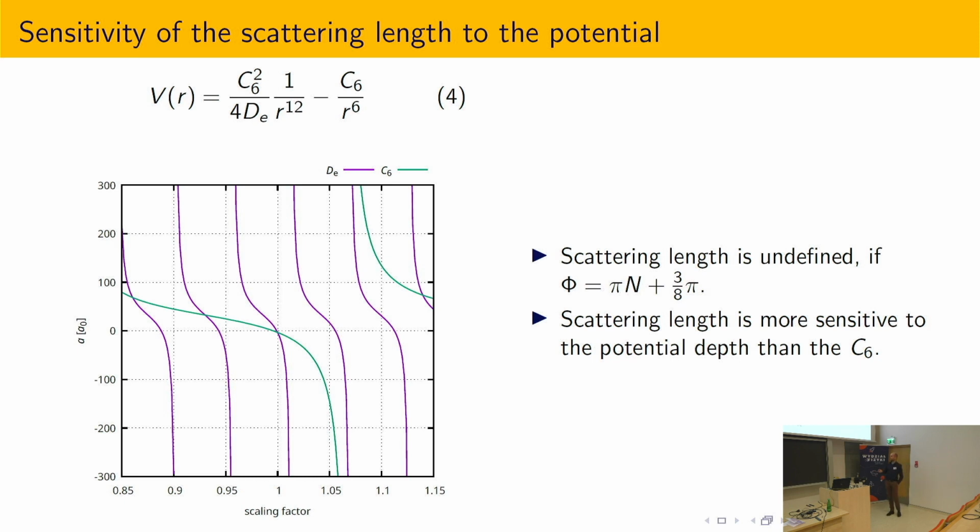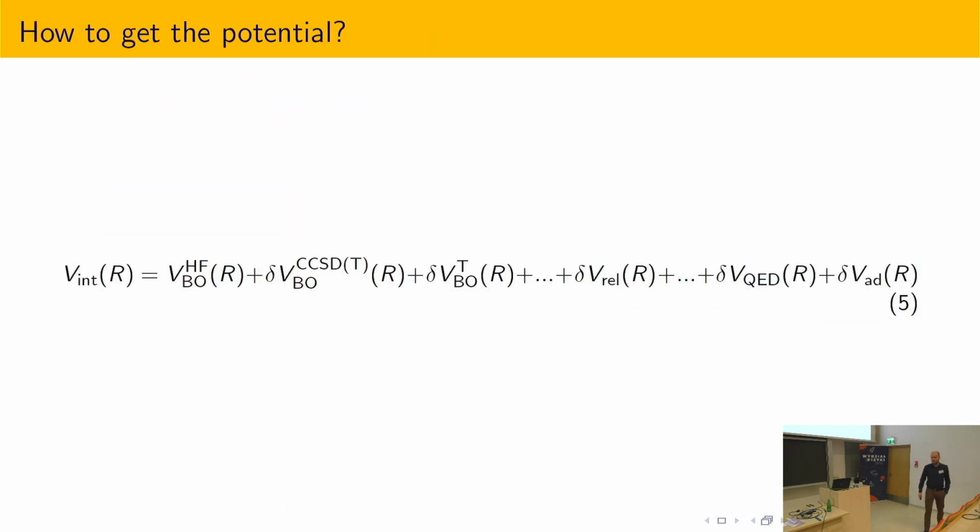What we see here is some kind of discontinuity. This is nearly minus infinity, there it is nearly plus infinity, and this is the situation when the potential is able to support one more bound state, which is formally described by this equation. So generally, the scattering lengths are less sensitive to the C6 factor than to the depth of the potential. So the question is how to obtain the potential.